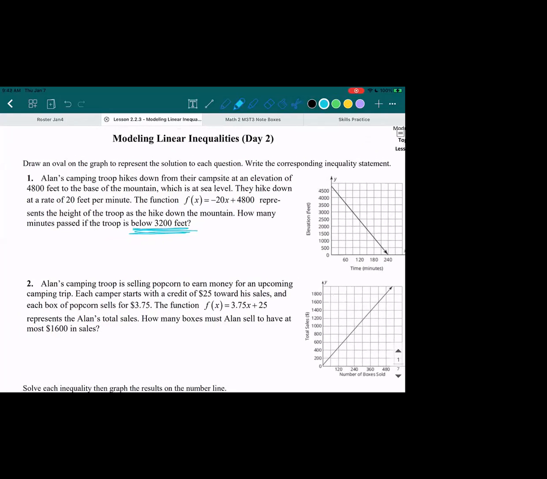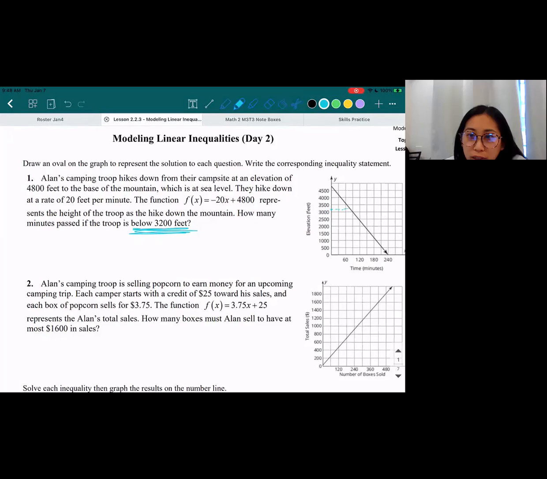The 3,200 would be somewhere between 3,000 and 3,500, so like there-ish. And then let's put a dotted line until we touch our graph. So it's somewhere over there.